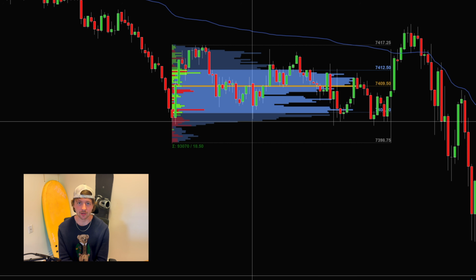Once you are in the trade, your job is to manage the risk around that trade. Watch what it's doing, see if you're right or if you're not right, and then manage your risk accordingly. Your job as a trader is not to predict every move, is not to catch home runs all the time, and is not to top or bottom tick the market. You need to find areas of interest that you can consistently and repeatedly identify and execute on.